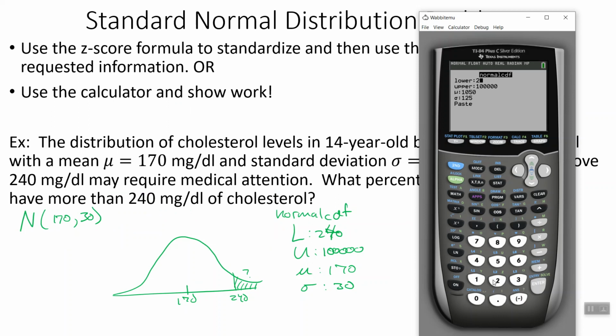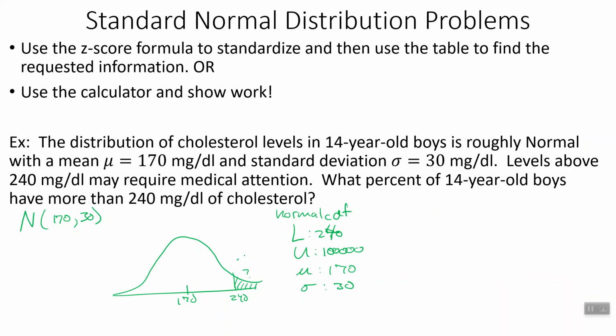We've got 240, something big, which is already there, 170 for our mean and 30 for our standard deviation, which gives us 0.0098, which would be 0.98%, or just about 1%. All right, and there's our answer.